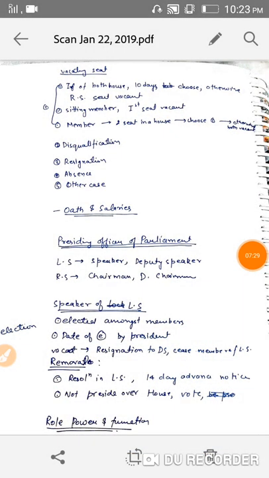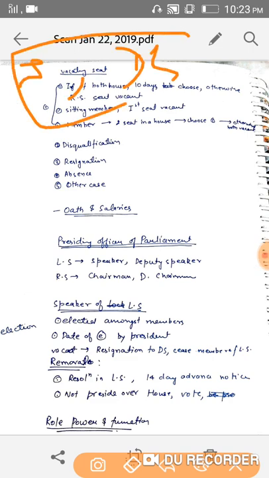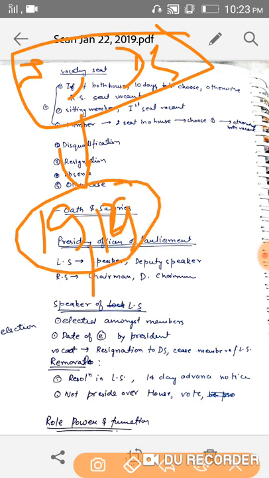Now we look at a brief history of the post of Speaker. The institution of Speaker and Deputy Speaker originated in the Montagu-Chelmsford reforms of 1919, when they were implemented in 1921.